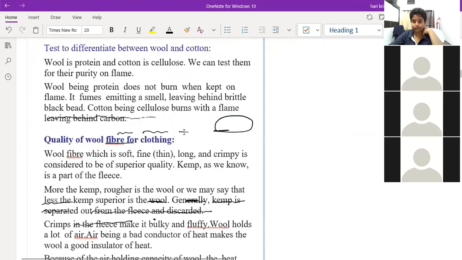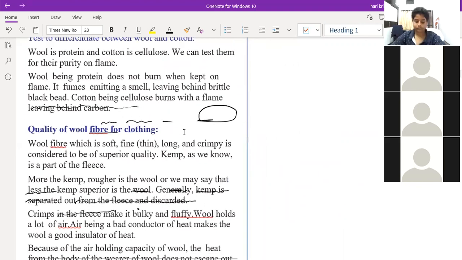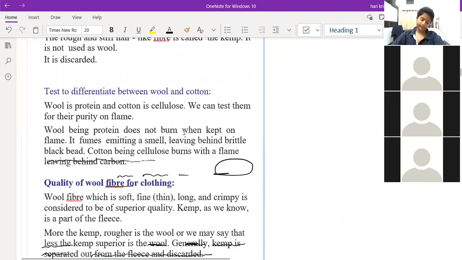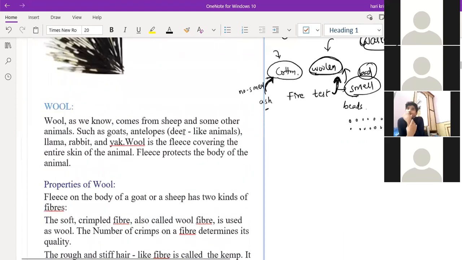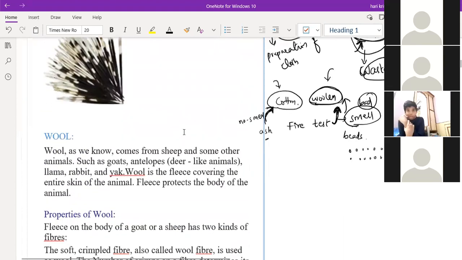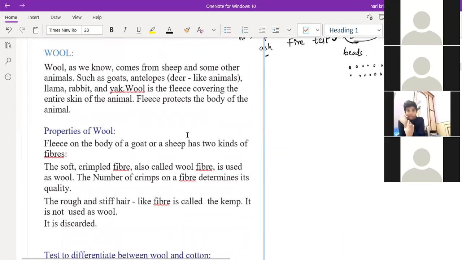So wool is nothing but the good part of the fleece from the animals. When you shear, you get the wanted part and the unwanted part. Whatever the wanted or useful part of the fleece is called wool.